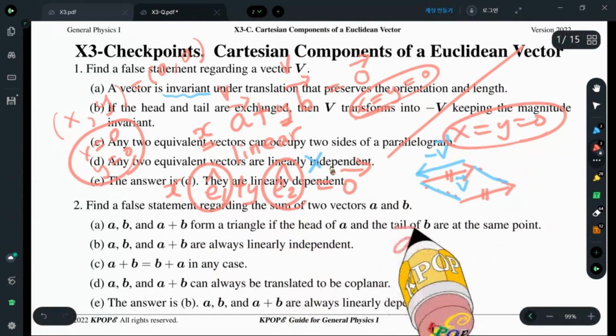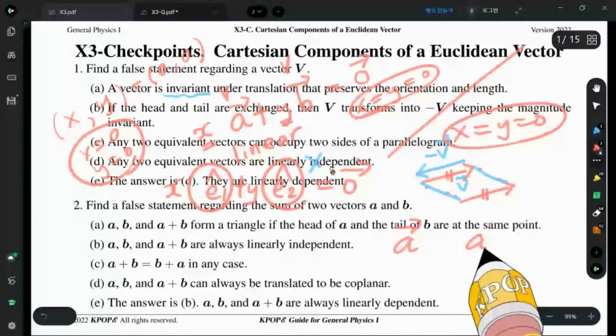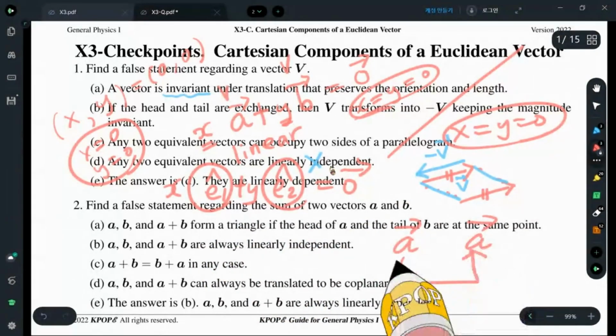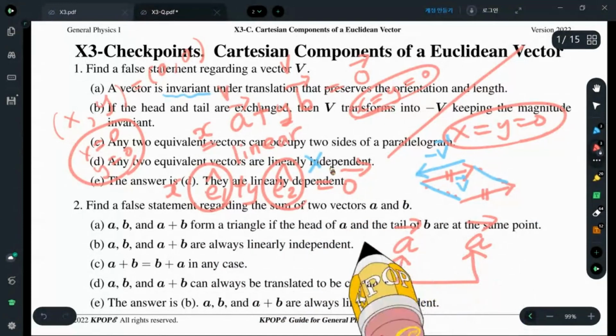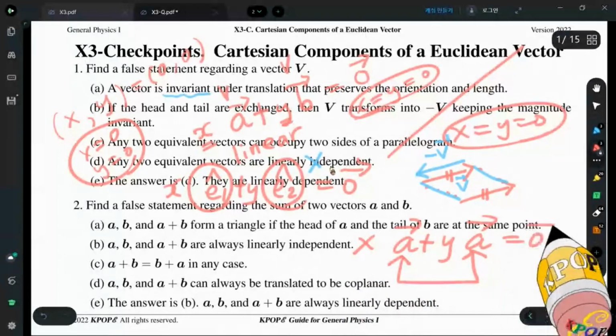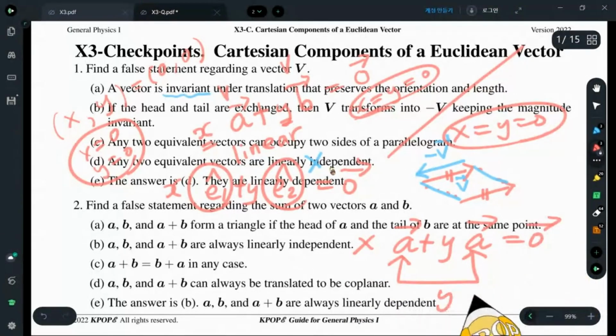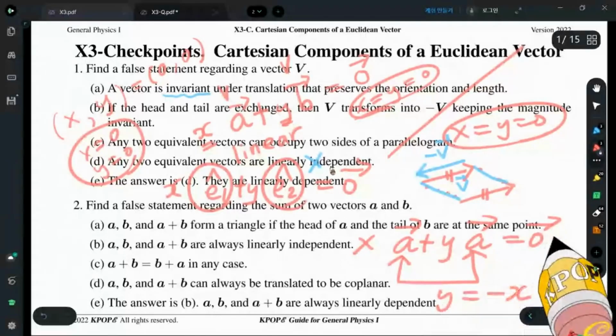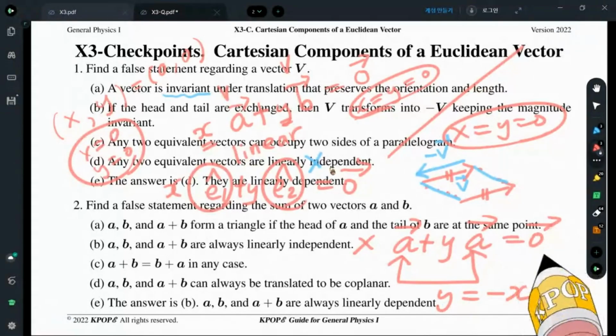But for example, if I have two vectors that are the same, or linearly dependent, I can multiply x and y to make 0, and whenever I substitute y equals minus x, this is always 0.